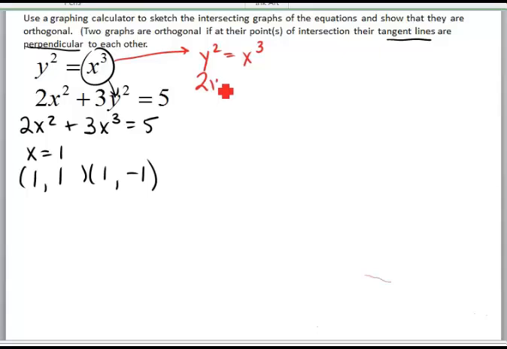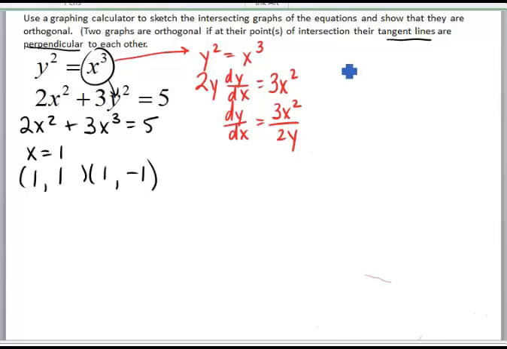So I have 2y dy over dx equals 3x squared, and then I divide by 2y on both sides. That gives me 3x squared over 2y. That is the slope of the first curve at any certain point.